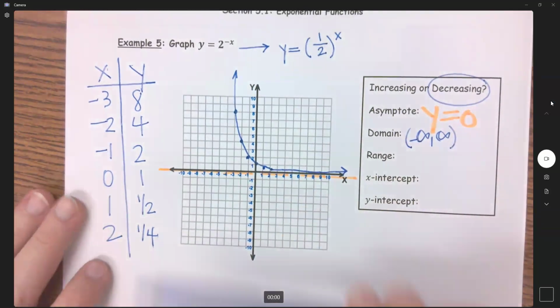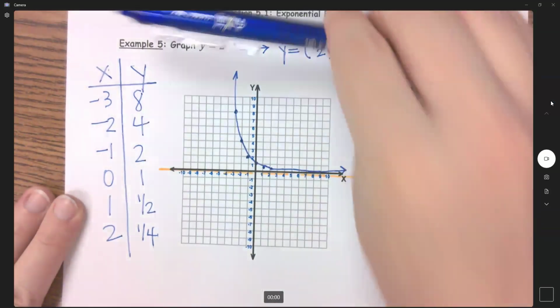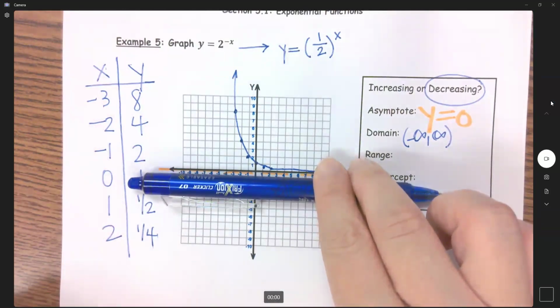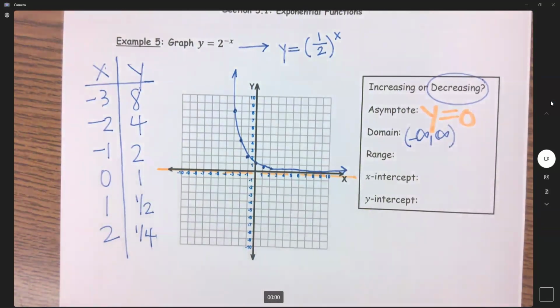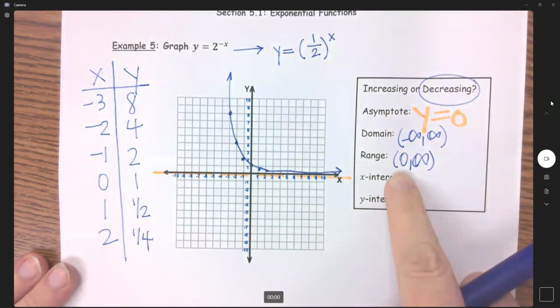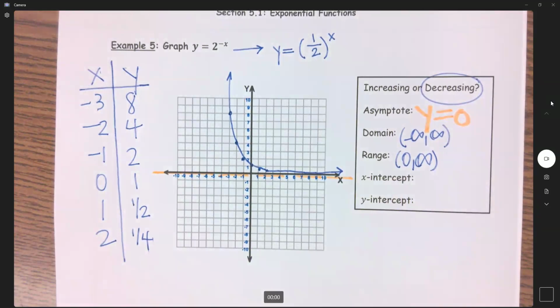And then my range, as I go from the bottom to the top, the first thing I hit is that asymptote. And so again, what an asymptote is, it's an imaginary line that my graph is approaching, but never touching, never crossing. So we're going to go 0 to infinity. That 0 needs parentheses because it's never going to include 0.